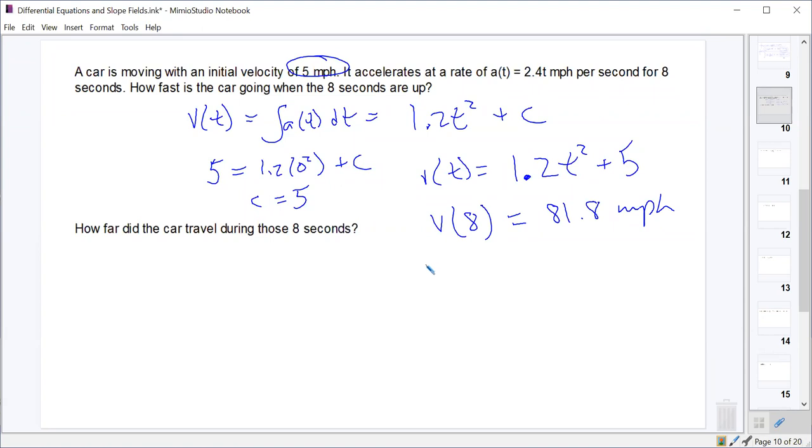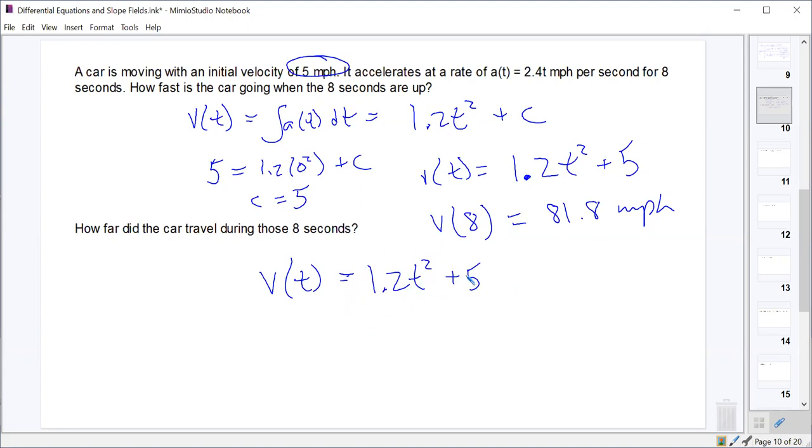Okay. Now then the next question, how far did the car travel during those 8 seconds? So this time we got to think a little bit more here. So we got our velocity function. V of t is in miles per hour, right? 1.2 t squared plus 5 miles per hour. If we want to find how far it traveled, we should integrate the absolute value of this. But if we think about this, what's 1.2 t squared? It's always positive.